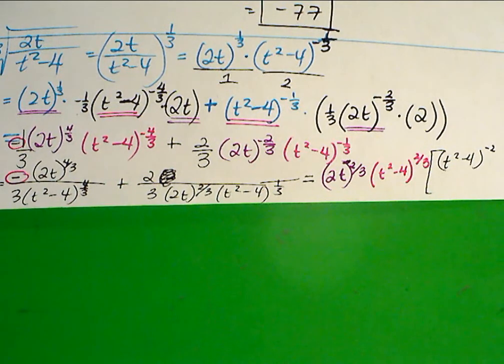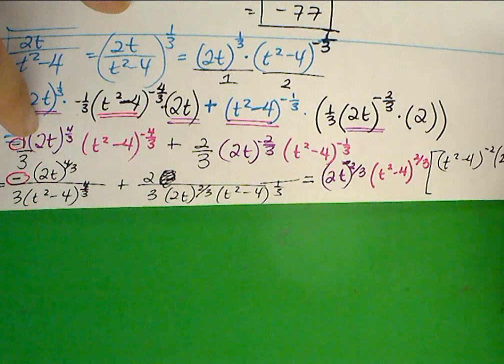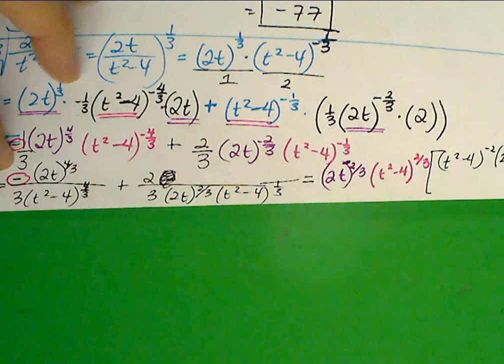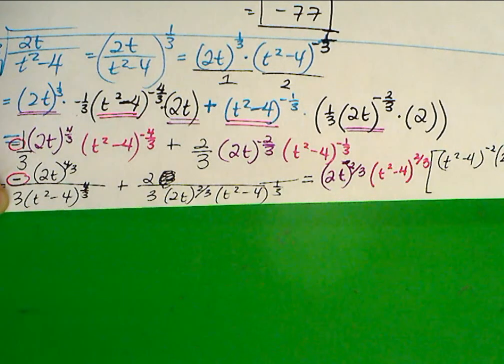And then I took out 2/3 here, so I'm left with just positive 2/3, right? I don't want to take out a 1.